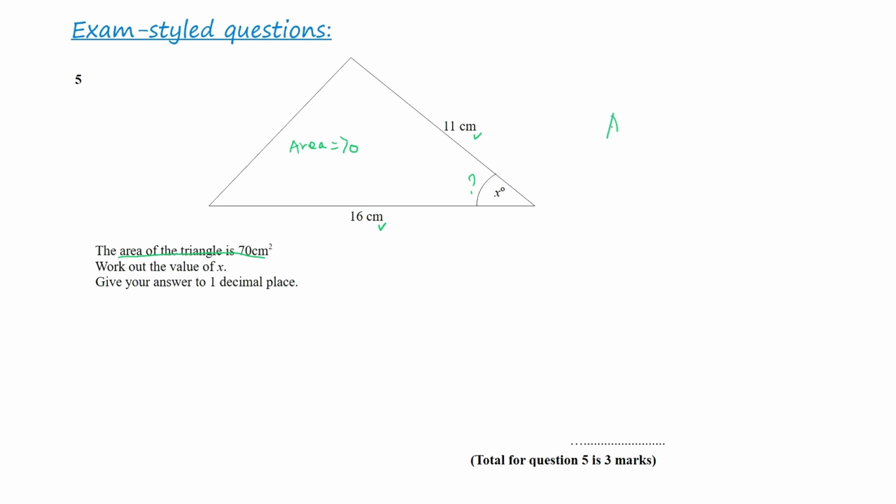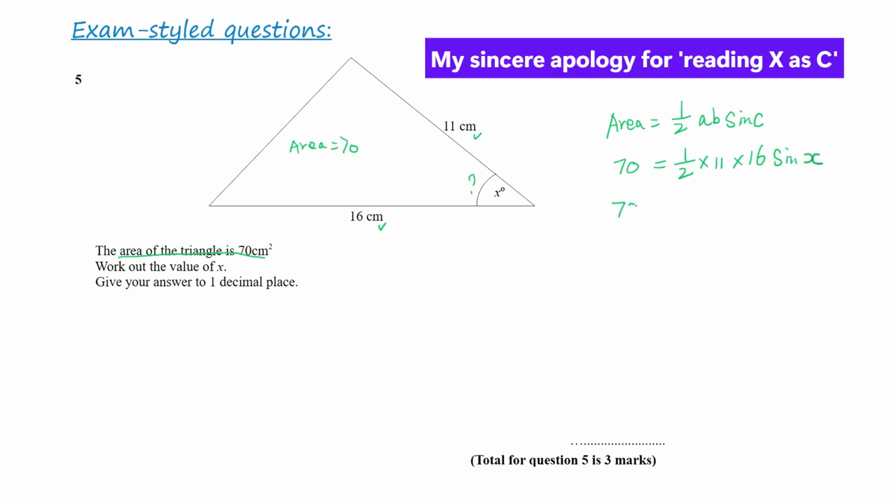The formula for area is written like this. Just be aware the angle in this formula is the one between the two sides, and this angle happens to be C. Then we substitute the values into this formula to form an equation: a half times 11 times 16 sine C. So we can do a little bit of simplifying: 88 sine C. So sine C, solving this equation, is 70 divided by 88.